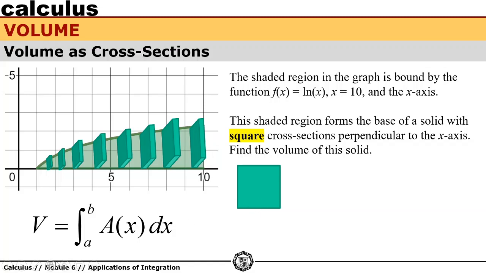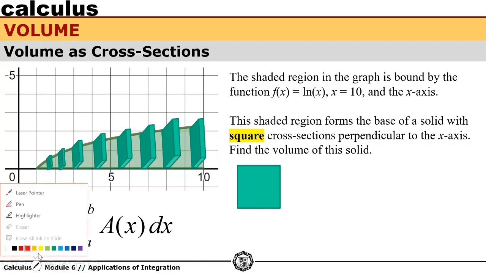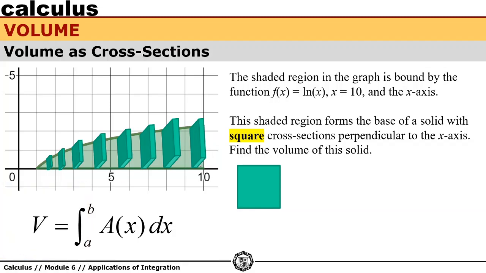The key thing we're going to want to do is determine the length of the side of the square. If I trace the bottom of the square here, I want you to think of the bottom of the square as this line segment right here. We want to determine the length of that line segment.